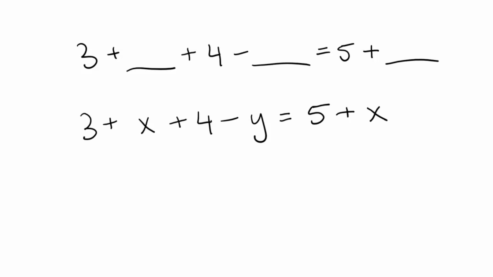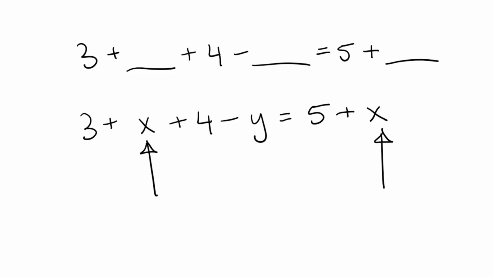Now here's something that's cool with variables. Because I used both x and y, when you use variables, that means that these two x's are both going to be the same number. So maybe they're both 5s, or they're both 6s, or they're both 100s, who knows.